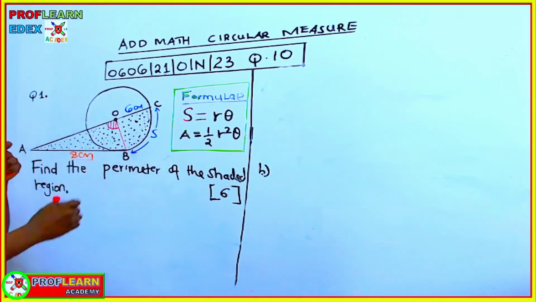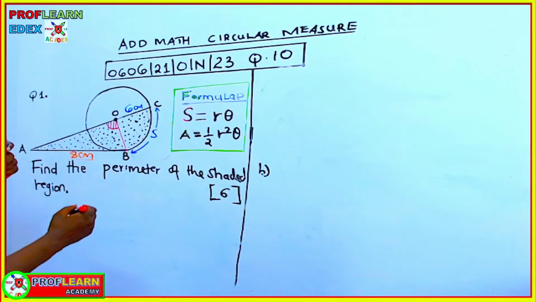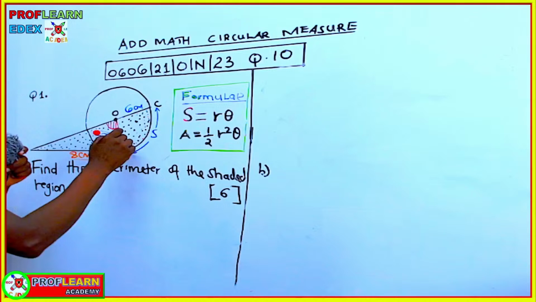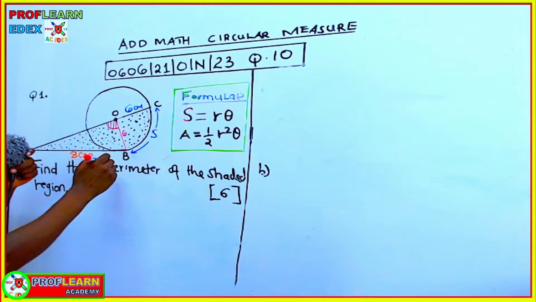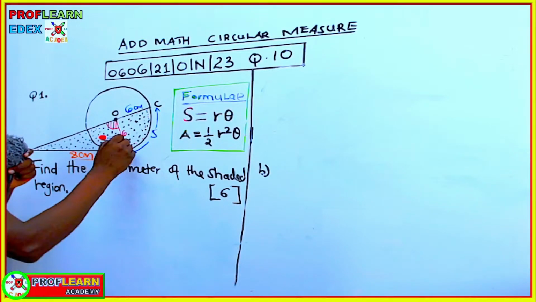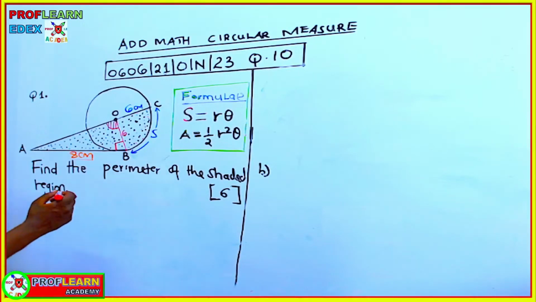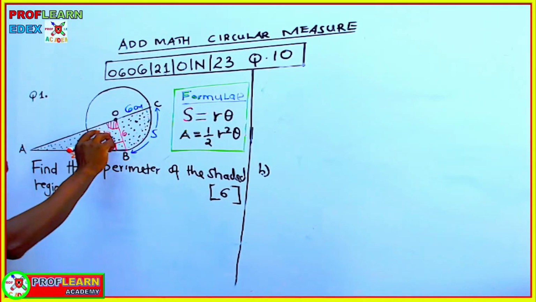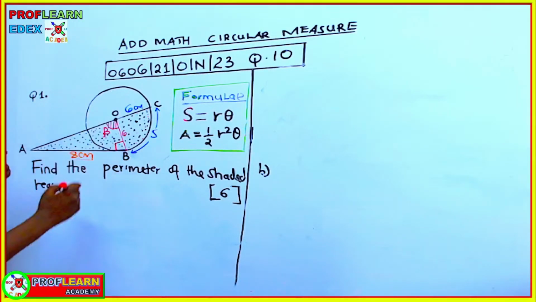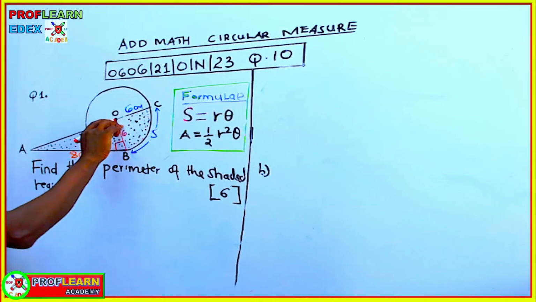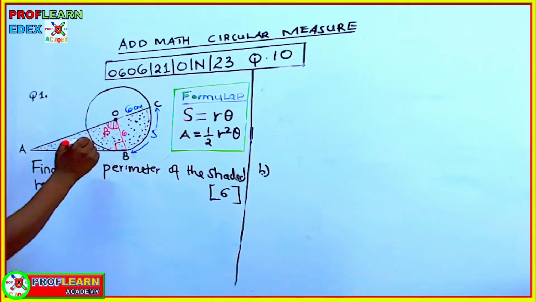How are we going to find this angle here? We are going to use the property that a radius, this part which is also 6, forms 90 degrees with the tangent AB. So this angle on this side, we can call angle beta. We can find it, and then it will enable us to find this other angle on this side. So before we look into that, let us find angle beta.